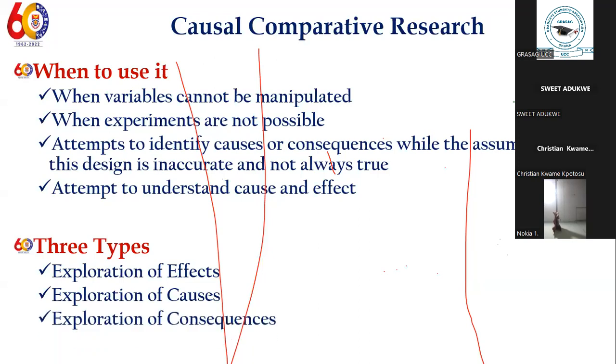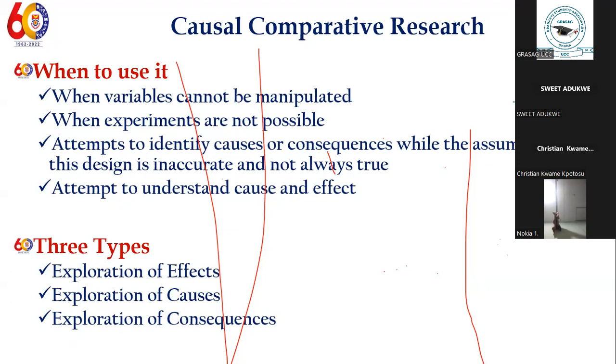We also talk about the exploration of consequences. So after looking at this area of interest, what consequences does it have for this group and that group? When we want to compare these groups of individuals, then we go ahead and use the causal comparative.